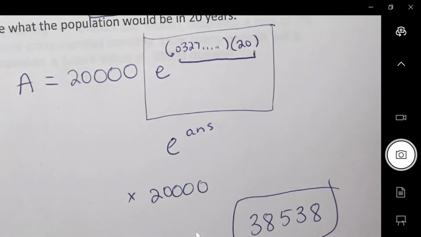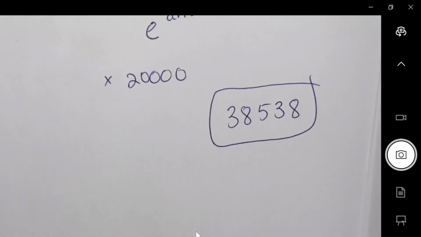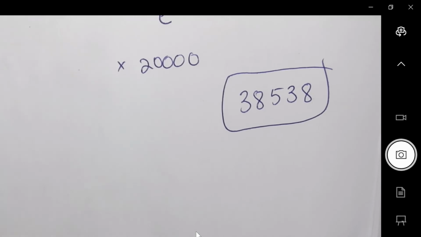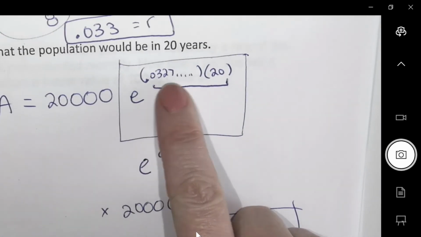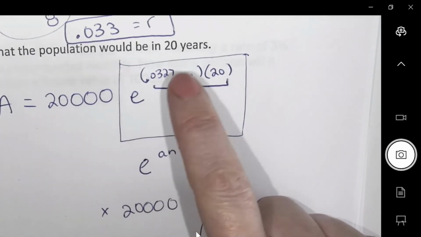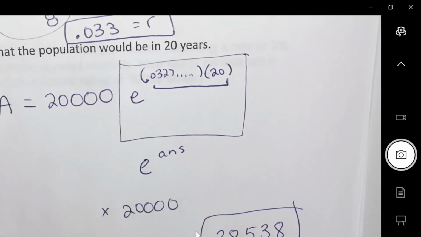So on that, you can round to a whole number. So please do not round your r while doing that. Wink, wink, hint, hint. So we multiply those two, then I did e to that, then times. Just think PEMDAS the whole time. Figure out the exponent, do the exponent stuff, and then the multiply.